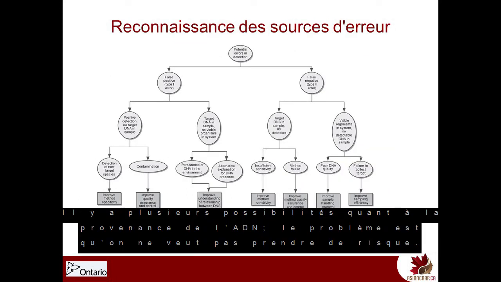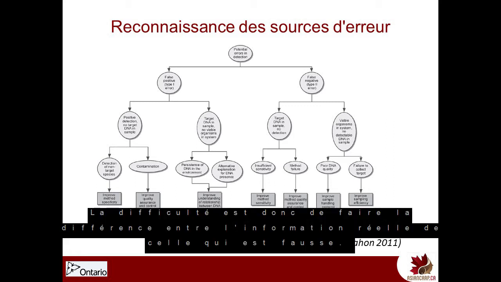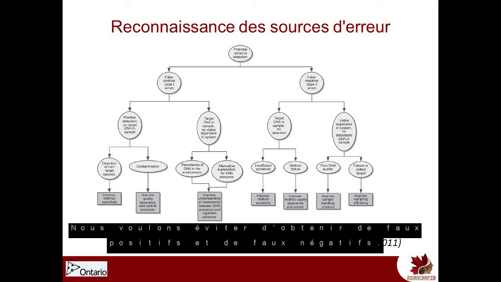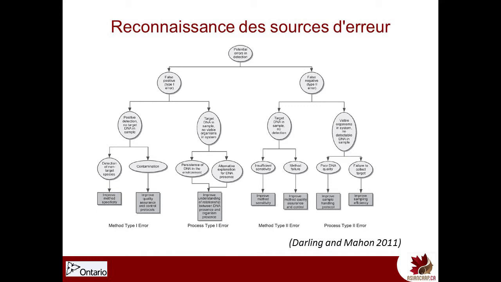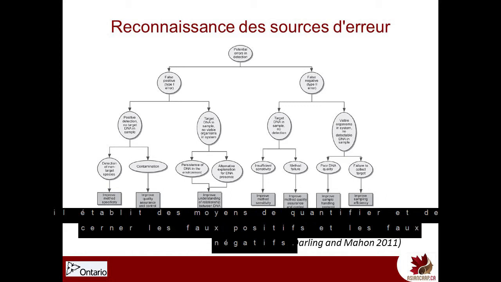The thing is, you don't really want to take a risk. So our challenge is really discriminating between what is true information and what is false. We really want to avoid false positive and false negative results. Now, this is somewhat difficult to read, but it's from an excellent paper that came out in 2001 that talked about exactly this, different ways of quantifying and detecting both false positive results and false negatives.